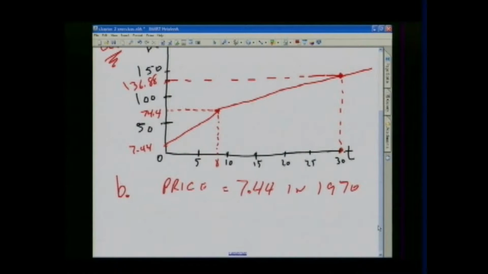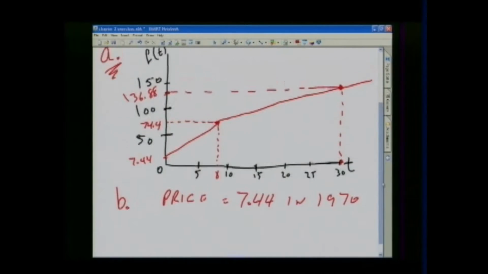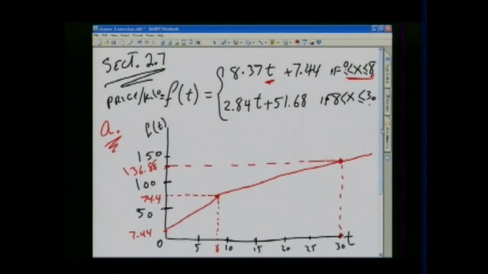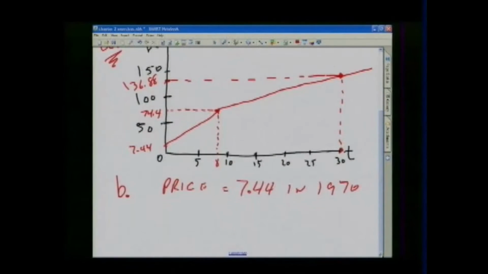How much was it in 1990? 1990 is year 20, so t would be equal to 20. When t is equal to 20, you use the second function. What you're doing is evaluating your function at 20.